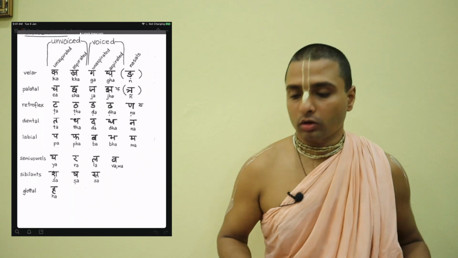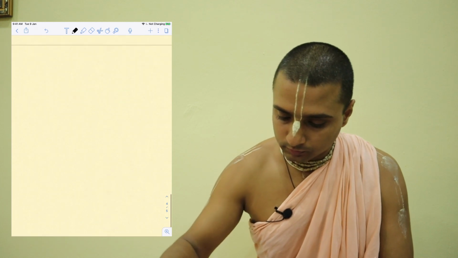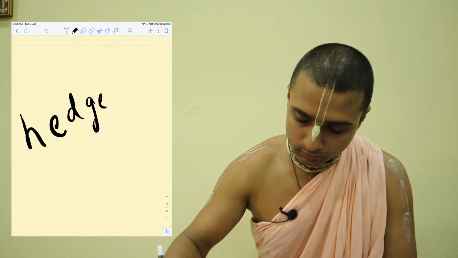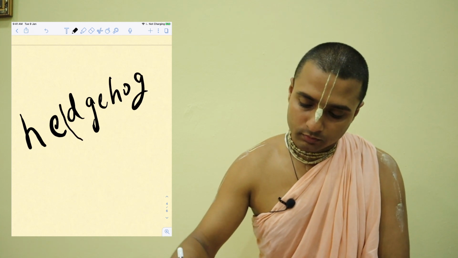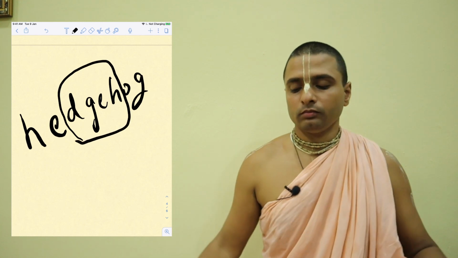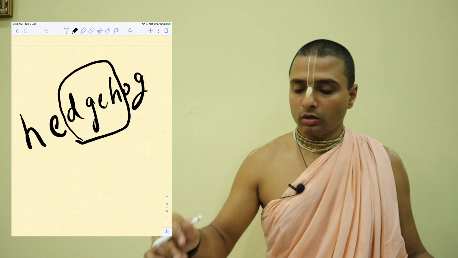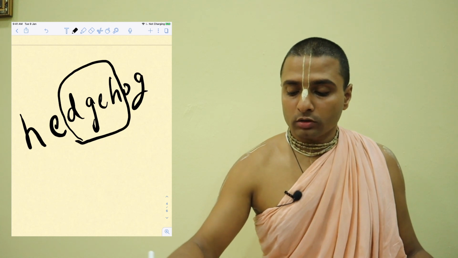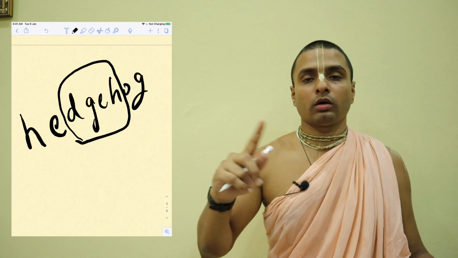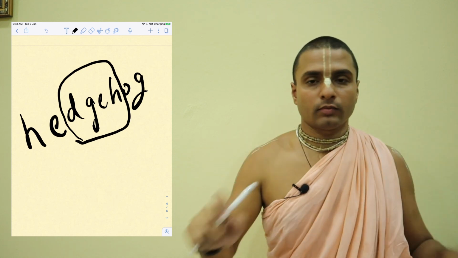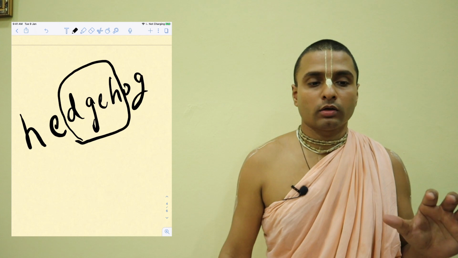Hedgehog. The sound produced by d-g-e-h is j, hedgehog, j with an h together, not jaha.